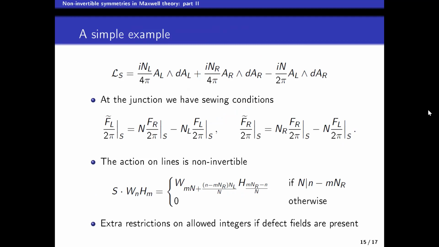And what you get is that sometimes you don't have any allowed configuration, so this action is 0. And otherwise you have this action on lines if these objects are integer, so if this condition is satisfied. Okay, so this is just to say that you can work out the action on lines using the explicit Lagrangian. And you might have extra restrictions the more defect fields are present in the theory.